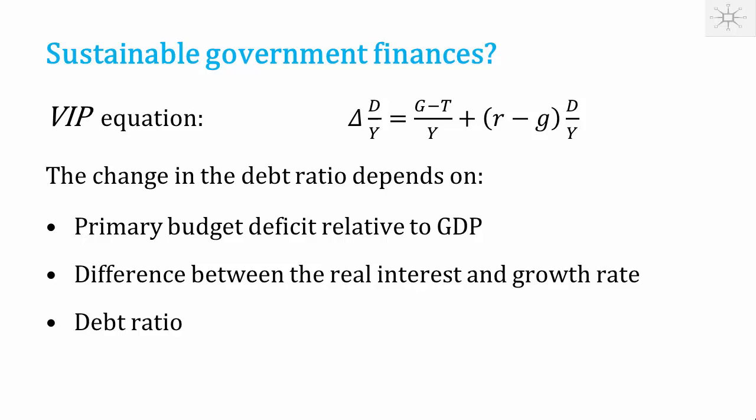It says that the change in the debt ratio is the primary deficit divided by GDP plus the real interest rate minus the real growth rate times the debt ratio with which you came into the period. And this equation is at the center of all discussions about the sustainability of public finances and the necessary adjustments so as to have the government finances in order.